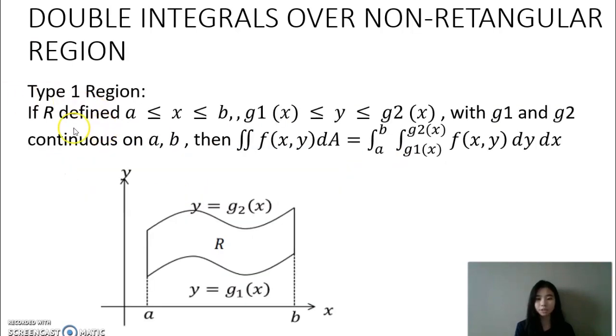For type 1 region, if R is defined as a ≤ x ≤ b, g1(x) ≤ y ≤ g2(x), with g1 and g2 continuous on [a, b], then the double integral of f(x,y) dA equals the integral with x from a to b, and y from g1(x) to g2(x).